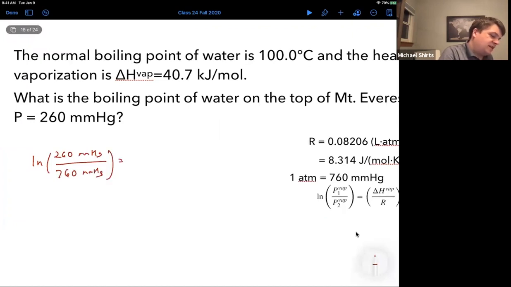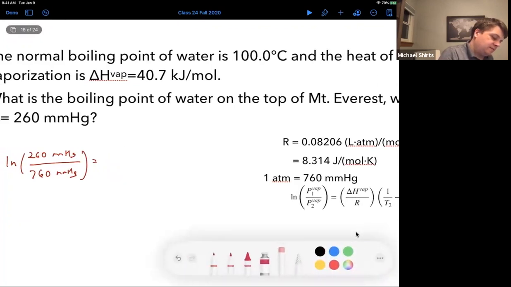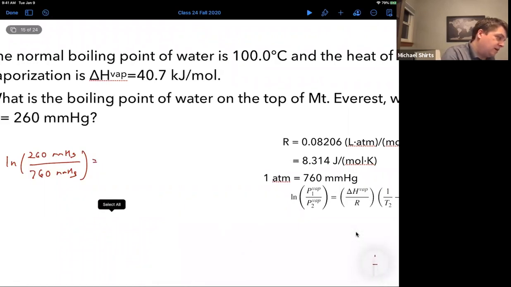Great, and that is equal to delta H vap, which I know, so let's plug that in. It's 40.7 kilojoules per mole, and the minus sign is taken care of in the order of T1 and T2.